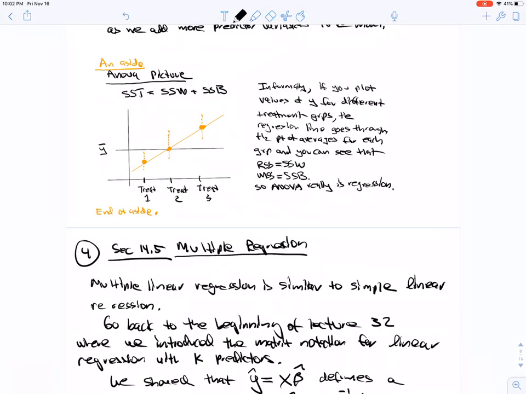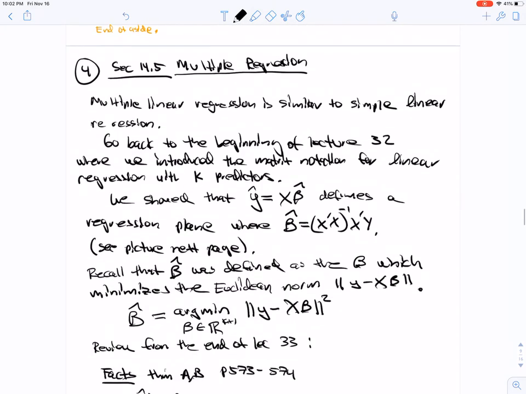Then you can fit a best fitting line through that, and that is regression. So the regression line goes through the point of averages for each group, and you can see that RSS then is SSW and MSS is SSB. So it just ties together what we've done before.